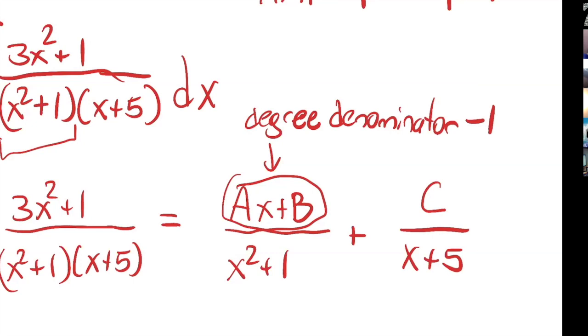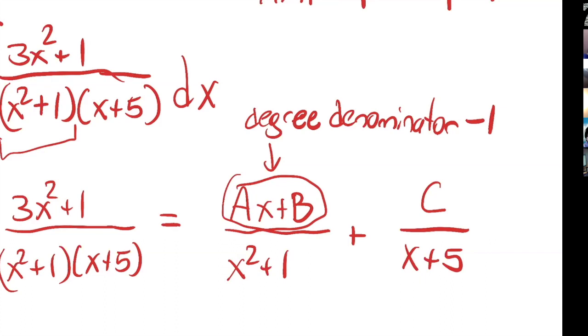So if the denominator is quadratic, the numerator is going to be some arbitrary linear thing. If the denominator is linear, then the numerator is just a constant term. And the algebra in solving for these undetermined coefficients is quite similar to the method of undetermined coefficients, actually.